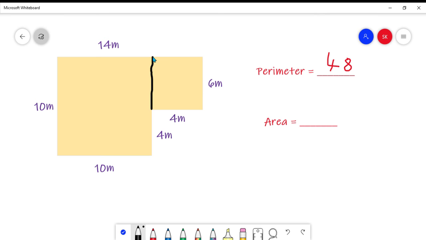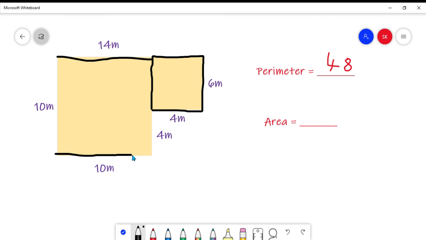So we have shape A, or 1, the first shape, and the second shape here. So let's work out the smaller one again first. 6 times 4 is 24.